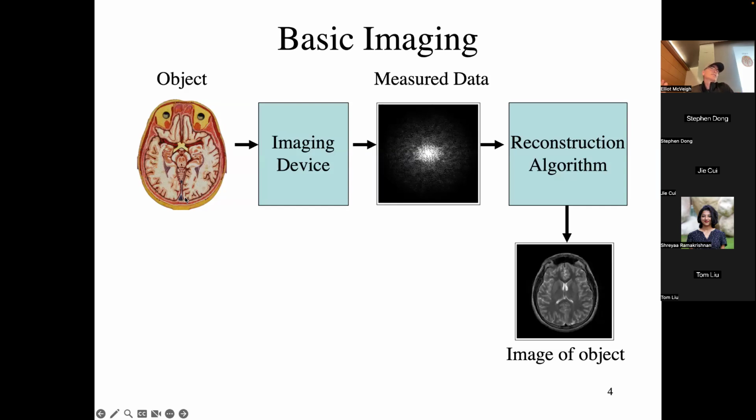The object itself, just sitting there, doesn't really give off a signal other than infrared radiation and reflected optics and stuff like that. What we're going to do is generate a signal with MRI, or generate a signal with X-rays with computed tomography. That's our imaging device. It creates a raw data set. This is where we go into the digital data domain. We now have a set of numbers that we have measured from this object.